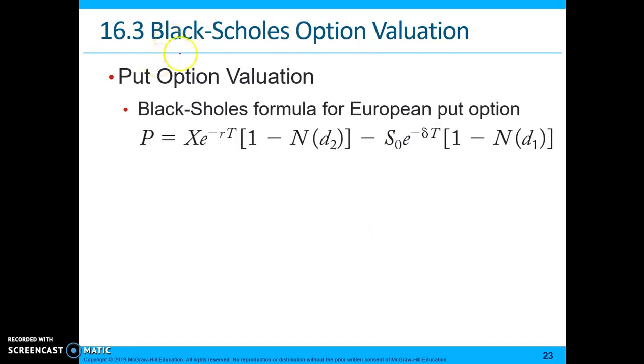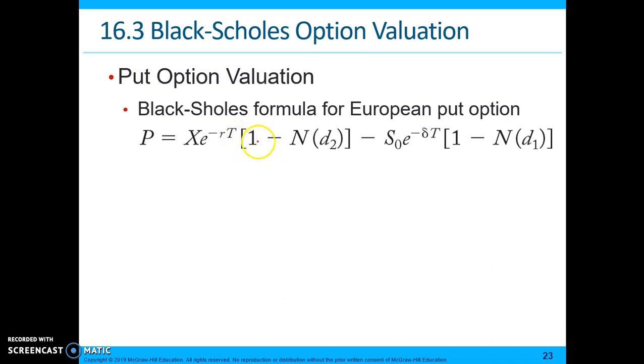So for reference here, put option valuation, the value of a put option, the Black-Scholes formula, using continuous compounding, the value of the put option is the strike price. Again, we use either exponential to the power of the risk-free rate multiplied by time to expiration.